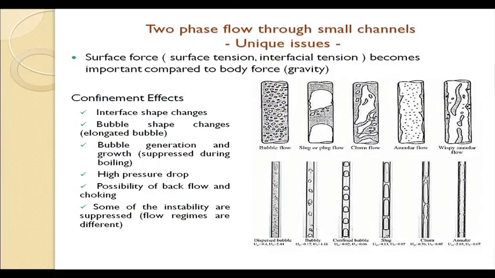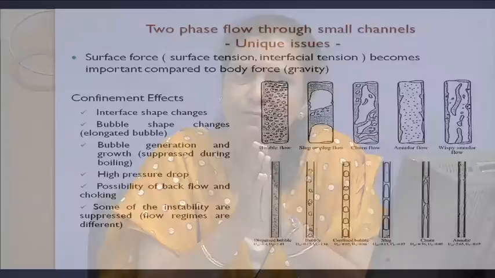The basic thing is, when the bubbles have very little tendency to coalesce, they flow as separate entities, and we call them the isolated bubble regime. When more or less they start coalescing and forming bigger and bigger slugs, we call them the coalescing bubble regime.